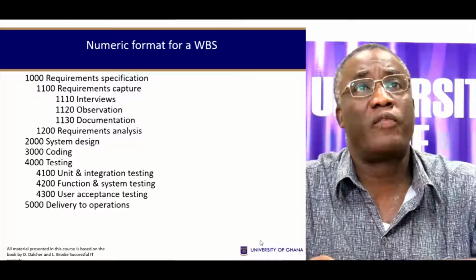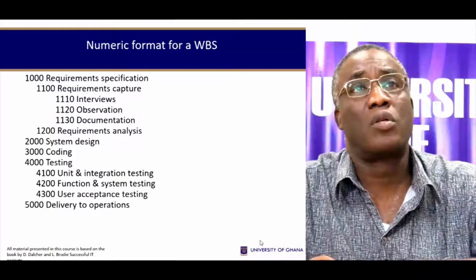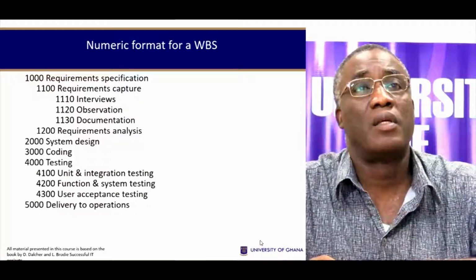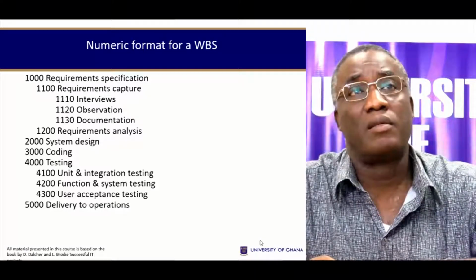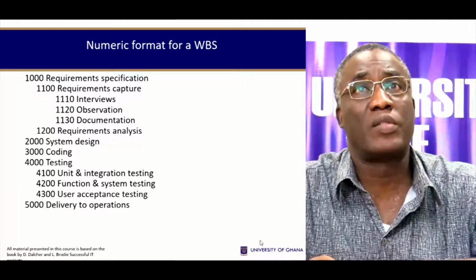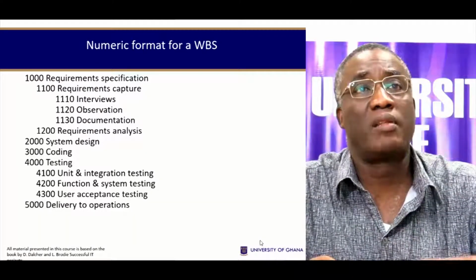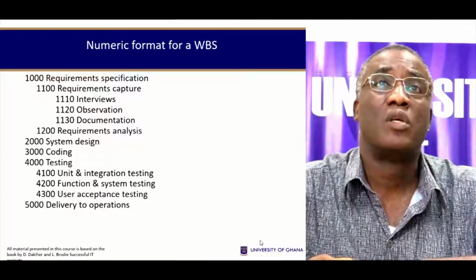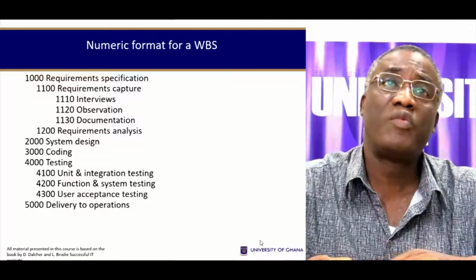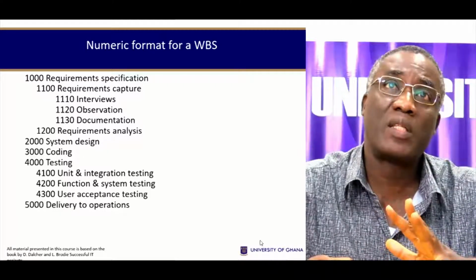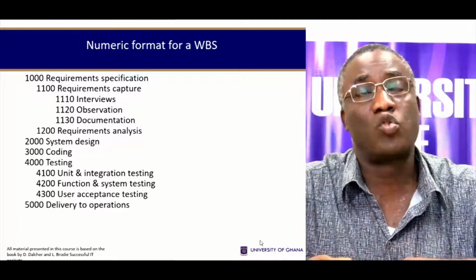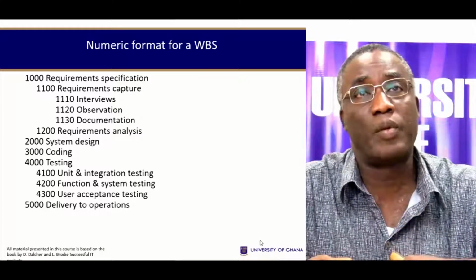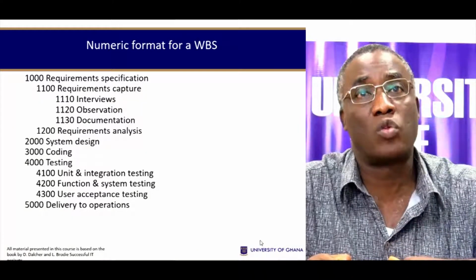There was also a further subcode of 1200, which was requirement analysis. Systems design had a code of 2000, coding 3000, testing 4000, and testing has some subcodes. So this WBS could also be written in a numeric format, as opposed to the pictorial or diagrammatic format that we saw.